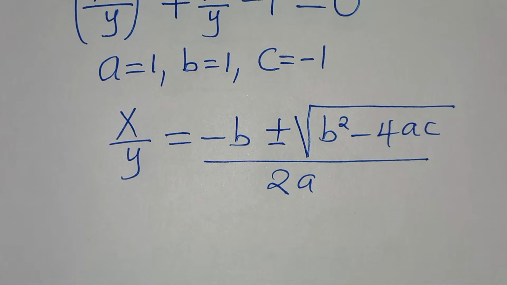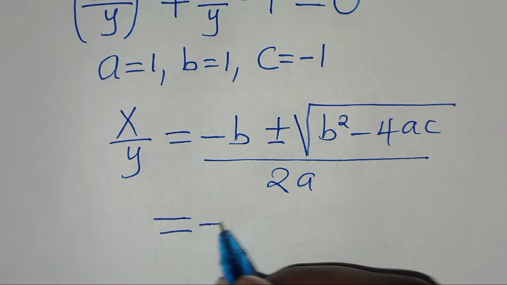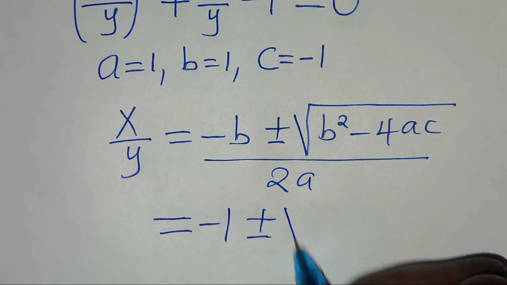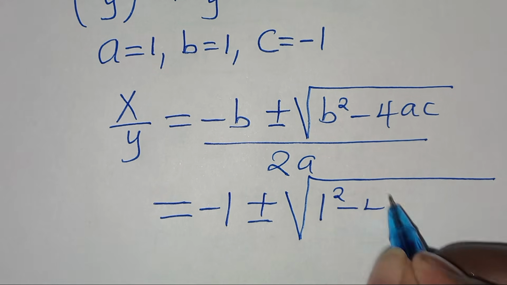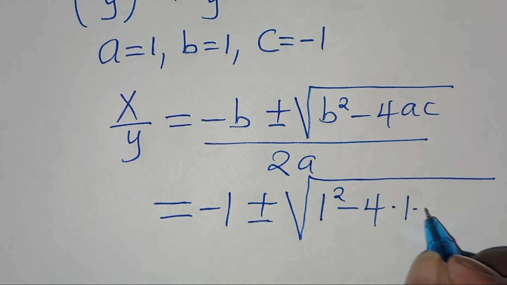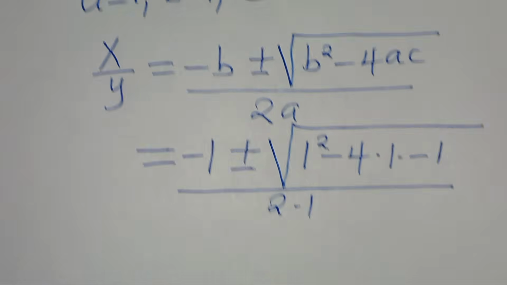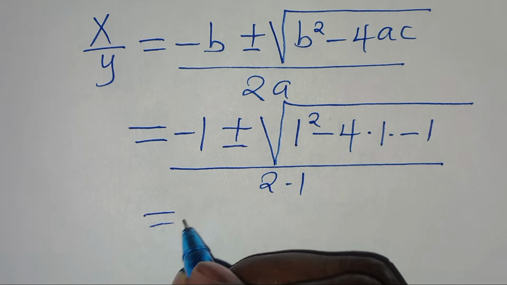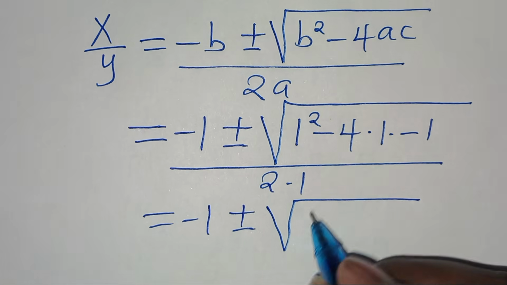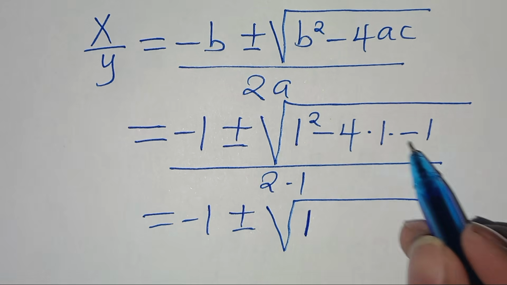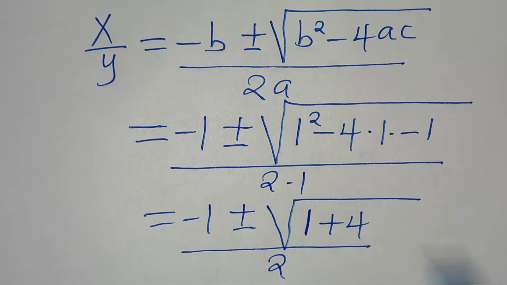Substituting the values of a, b, and c, we have minus 1 plus or minus the square root of 1 squared minus 4 times 1 times minus 1, everything divided by 2 times 1. Therefore, we have minus 1 plus or minus the square root of 1 minus 4 times minus 1, this is plus 4, then divided by 2.